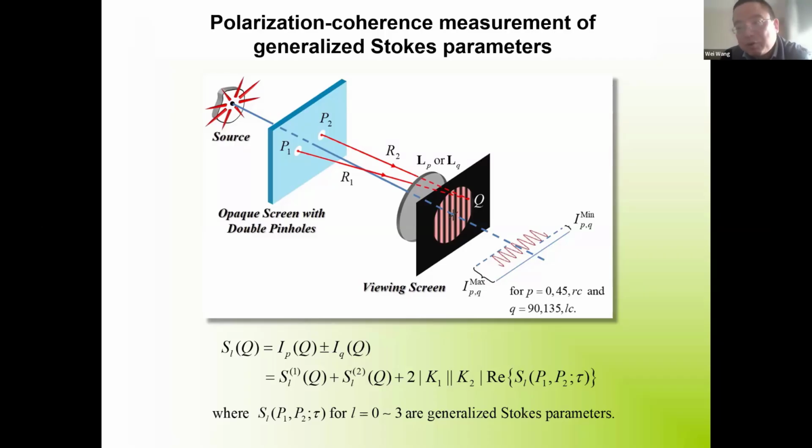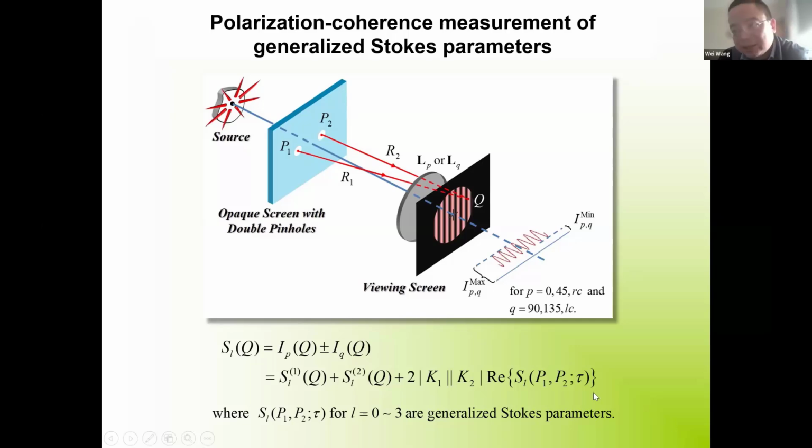After some straightforward steps, we are able to write another polarization sensitive interference law in terms of the Stokes parameter, or generalized Stokes parameter. As you see, the first term represents the Stokes parameter from the contribution of the light from pinhole P1, and the second term represents the Stokes parameter from the contribution of the light from P2.